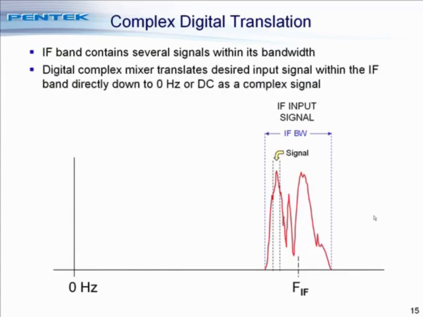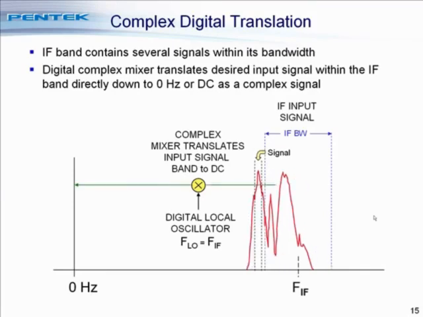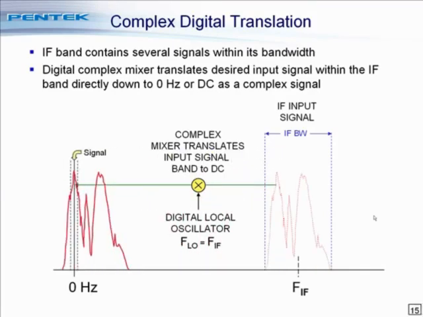So the digital complex mixer now translates the desired specific input signal frequency that's within the IF band directly down to 0 Hertz, or DC, and it's translated down as a complex signal. So we use the digital mixer to translate this real input down to a complex baseband signal, and notice that the signal has energy above and below 0 Hertz.